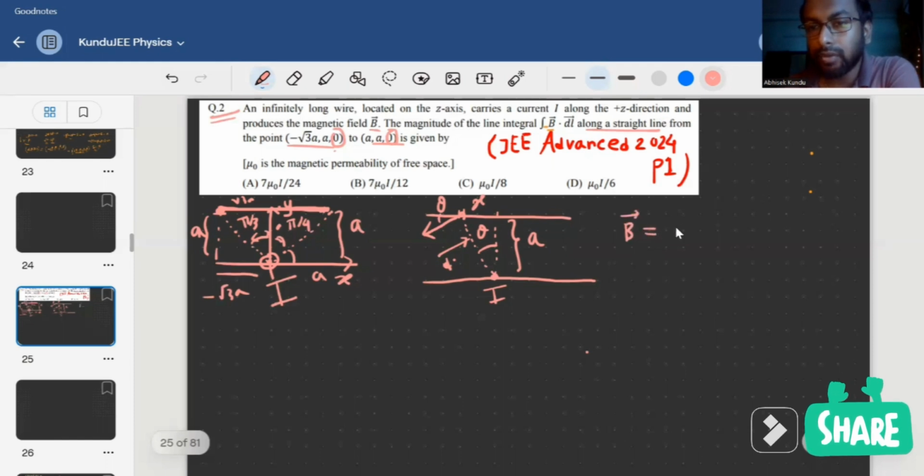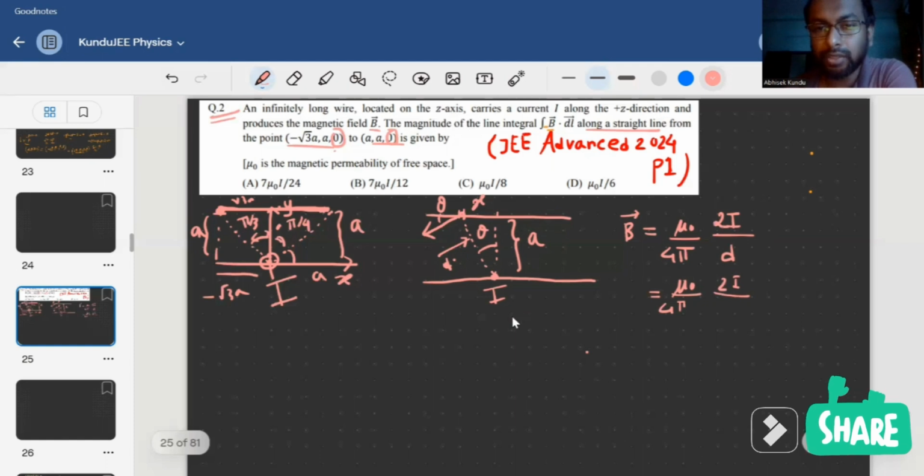B is equal to mu naught by 4 pi, 2I by d. We'll put the value of d: d is root over of a square plus x square.